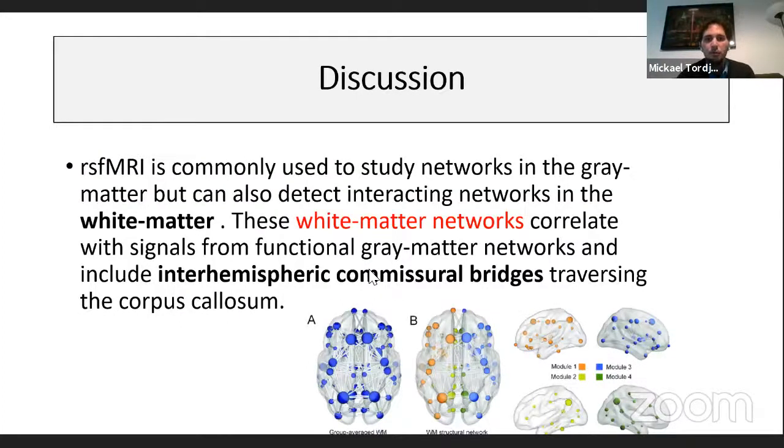Resting state is commonly used to study networks in the gray matter, but you can also use it to detect interactions between networks in the white matter, as Rajan talked about earlier. These white matter networks correlate with the functional gray matter networks, and they include interhemispheric commissural bridges that traverse the corpus callosum.